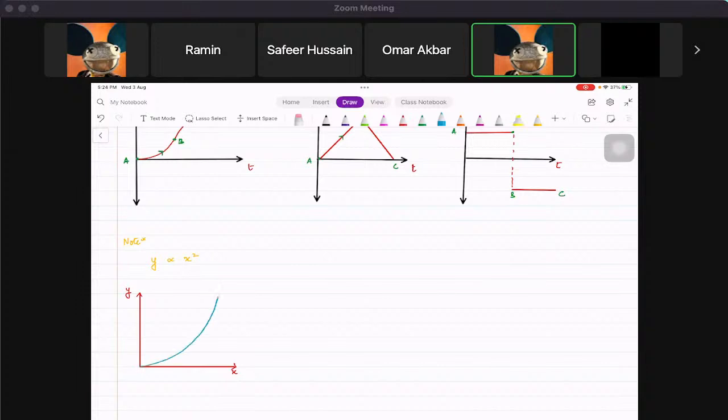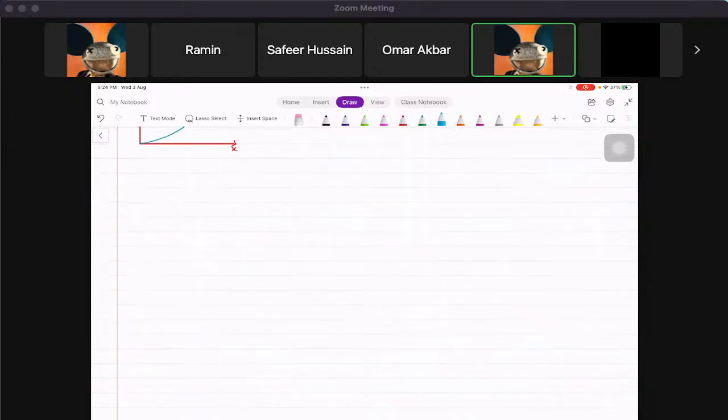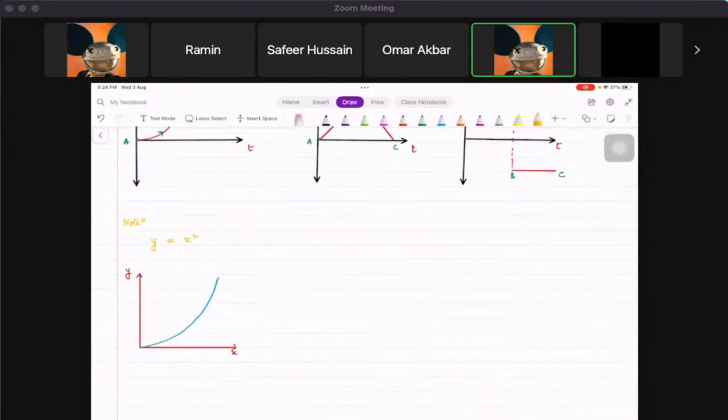It will be increasing sharply. If there is something like y is proportional to under root x and you have to draw a graph of axes of y and x, then this graph will always show you something like this, and that is an under root graph. Is it clear? So just note this because a lot of times they're gonna ask you in MCQs and you should know what their trends are, just by looking at it.